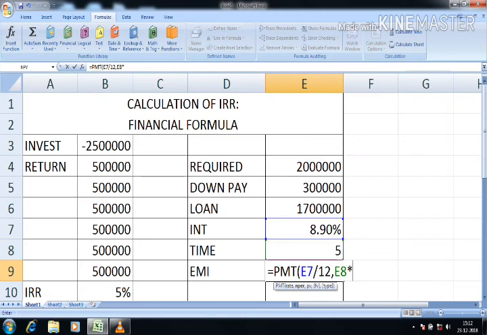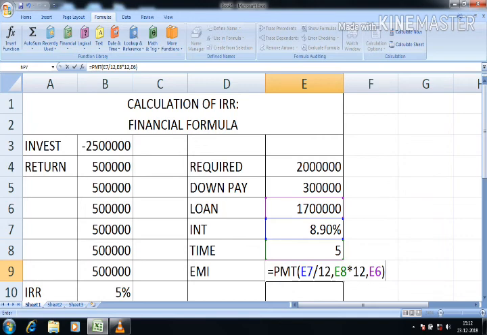Now comma, then the time period. If the time period is written in months, then no need. It is written in years, so I am multiplying by 12, because 1 year means 12 months. I think why we divide interest by 12 and why the time period of 5 years is multiplied by 12 is clear to you.